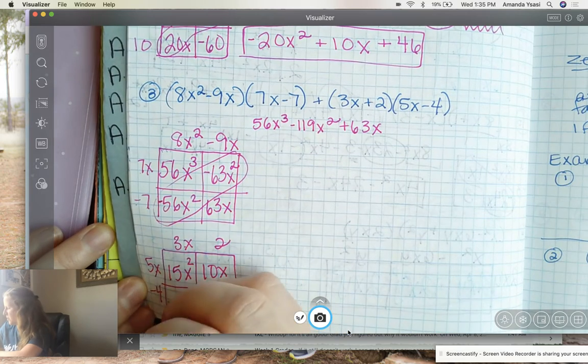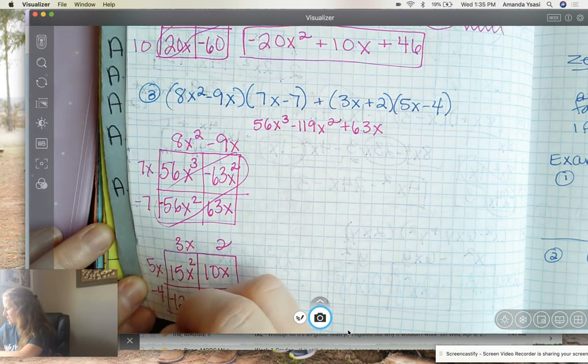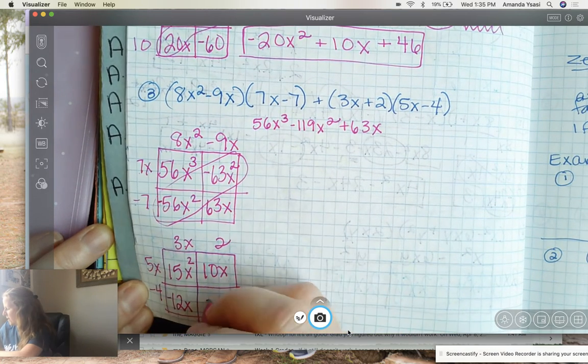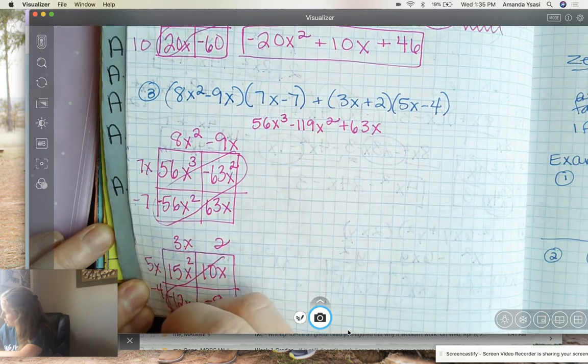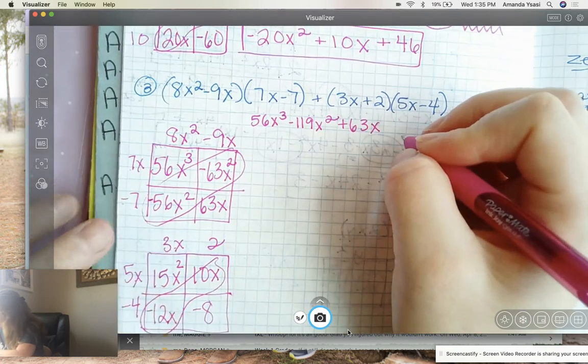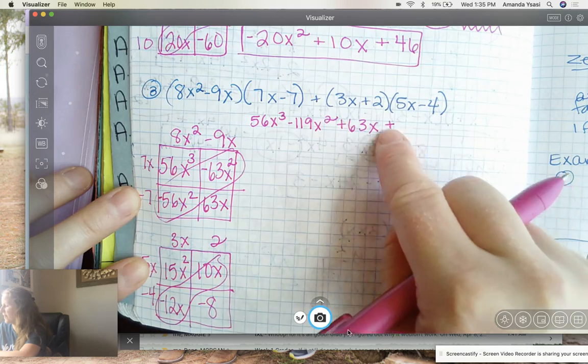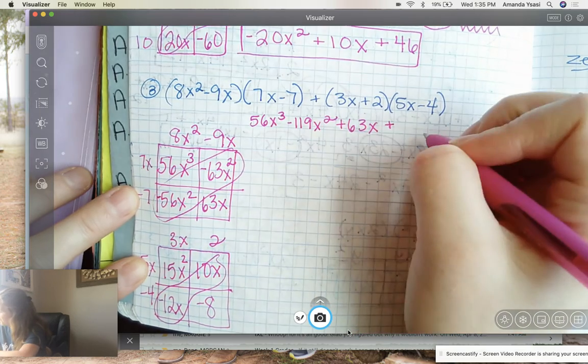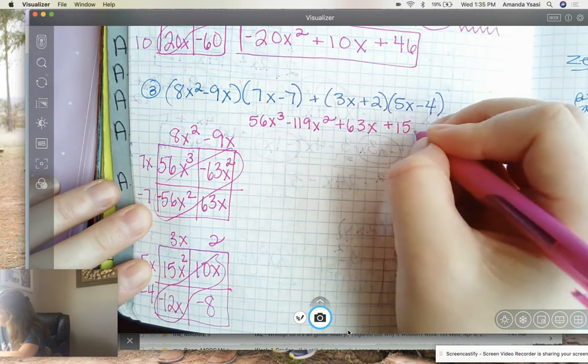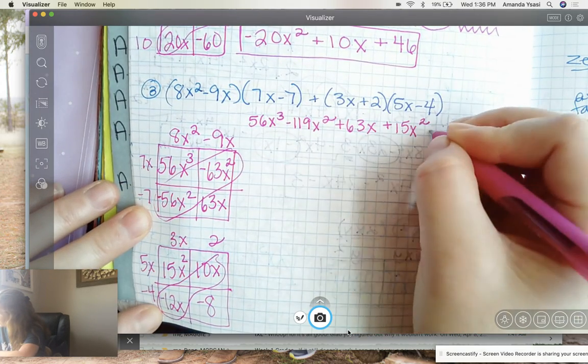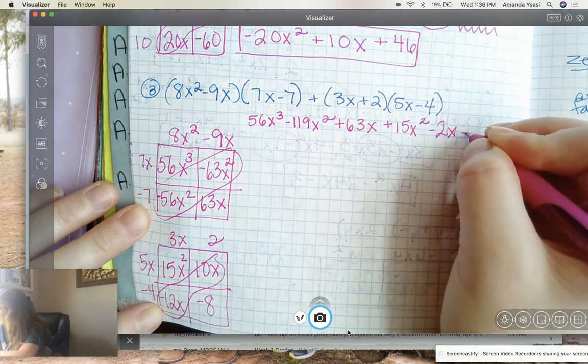Negative 4 times 3x is negative 12x. Negative 4 times 2 is negative 8. Okay, so then this is plus. Because it's a plus, I can go ahead and write them out. If it was a minus, I'd have to change some stuff up. 15x squared minus 2x minus 8.